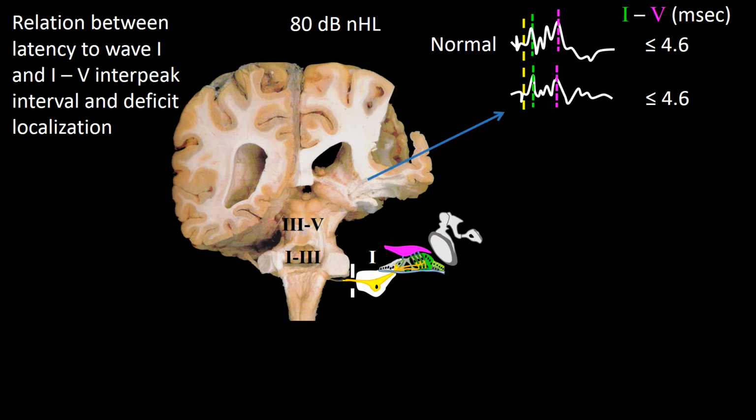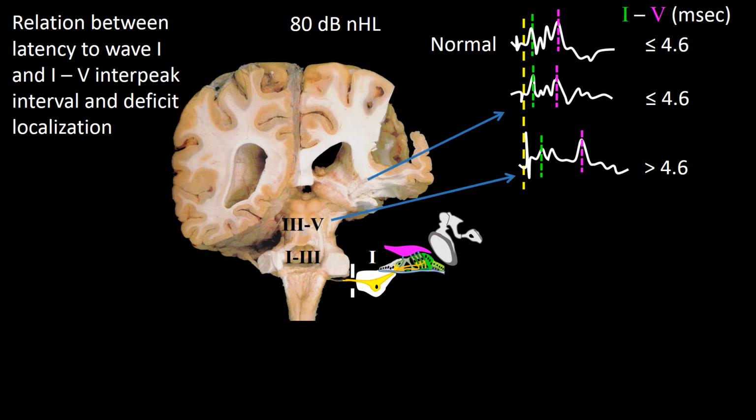When the pathology is above the superior colliculi, brain evoked auditory responses remain normal. When the pathology is in the upper pons or midbrain, latency to 1 will be normal, but the interpeak latency will be increased, or there will be a significant difference from one side to the other.